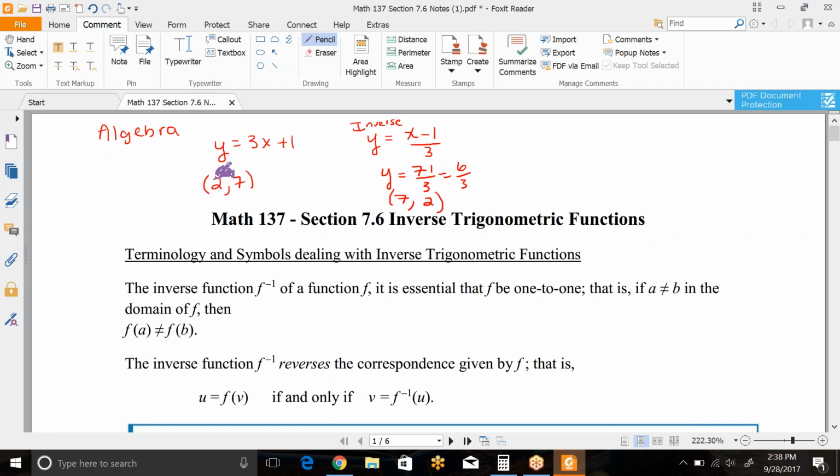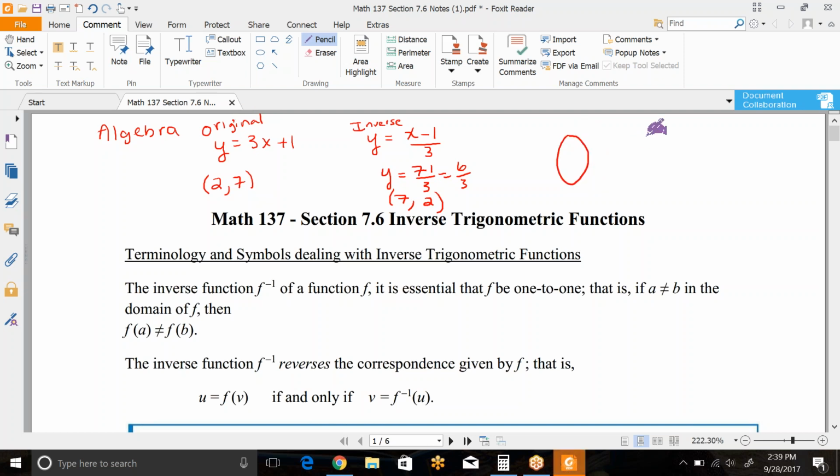The input of the original function, when we plug that in and get an output, the inverse function takes that output as its input and then gives us the original input from the original function as an output. So it's backwards and forwards.